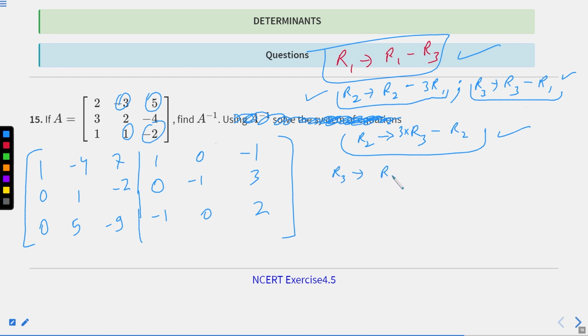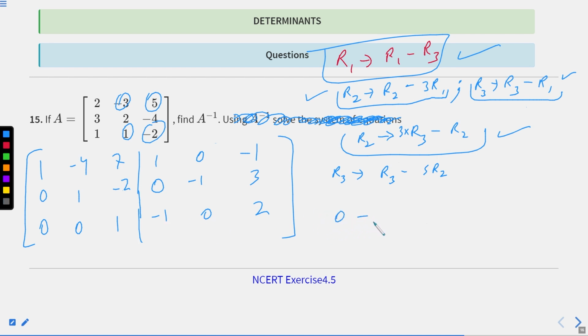R3 will be R3 minus 5 R2. So 5 minus 5 times 1 will give you 0. Minus 9 minus 5 times minus 2 means 10, so it will be just 1. So plus 1. Now, minus 1 minus 5 times... it will be just minus 1.